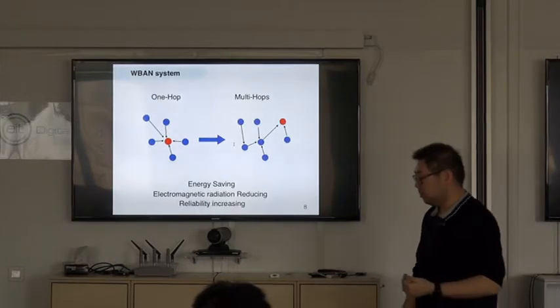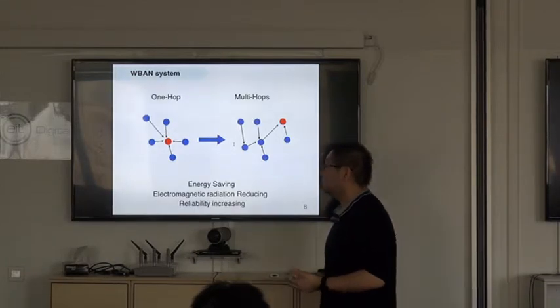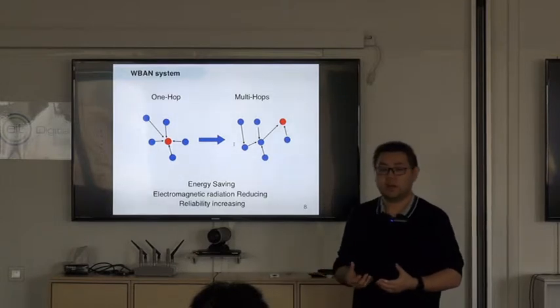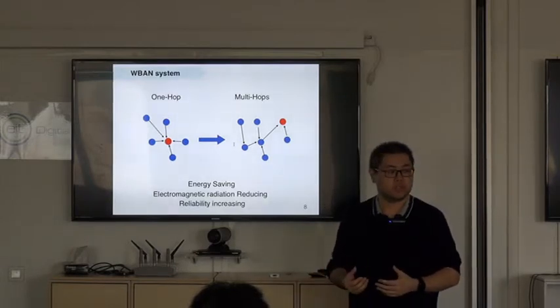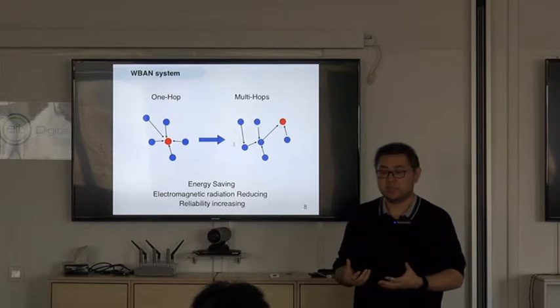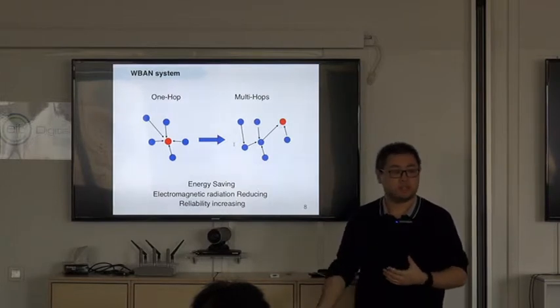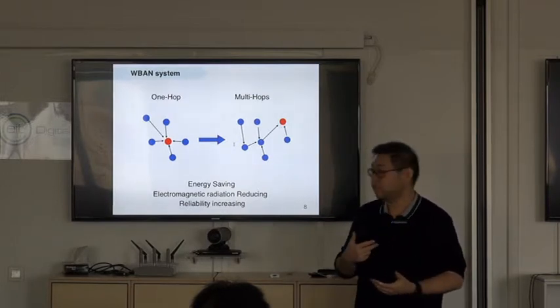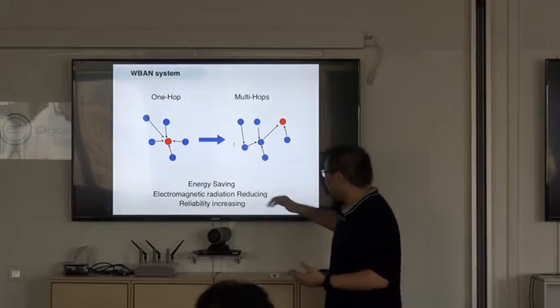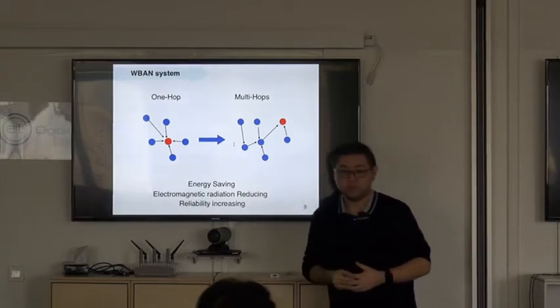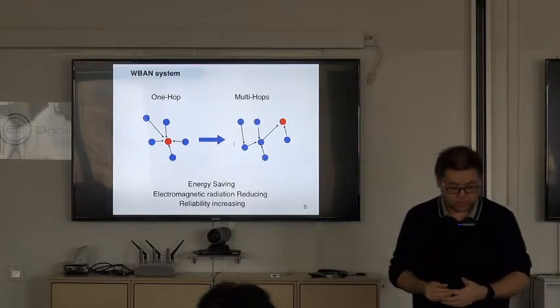And then, talking about the topology in the intra-WBAN communication. Instead of using a one-hop star topology, which means we have to keep direct connections between every node and the sink, we hope to use a multi-hop topology. Why?